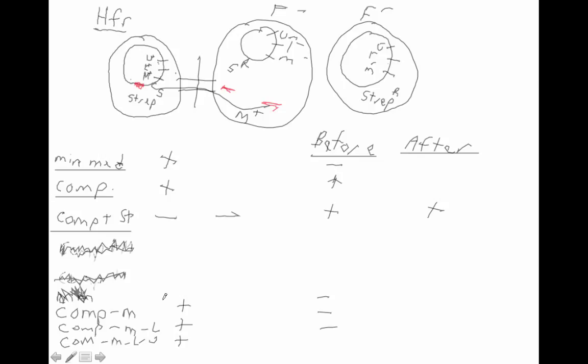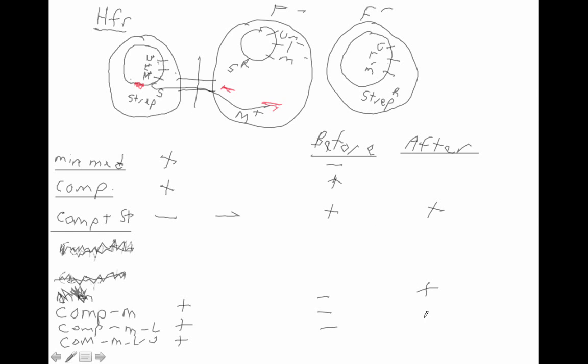So the only cells that are going to be able to grow are cells that can make their own methionine, which would include the one we just drew up there, because methionine came through. And so now this cell can make its own methionine. So we know from a mapping perspective that the gene closest to this site here, the F plus sequences, is the gene that makes methionine.